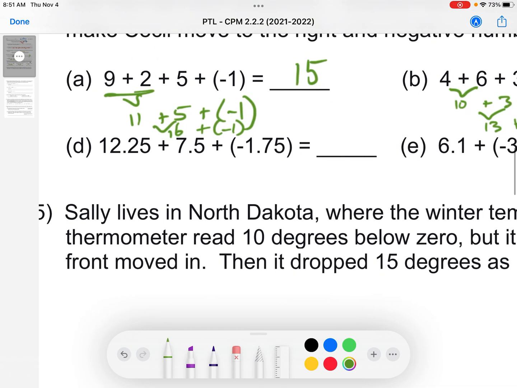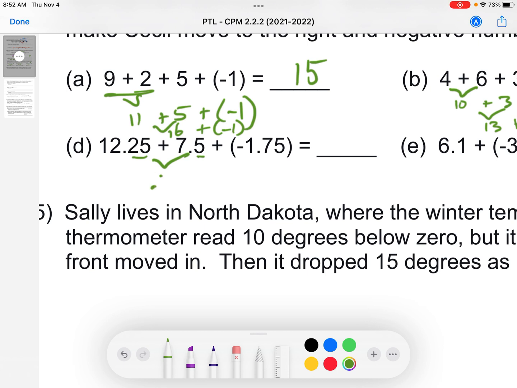12.25 plus 7.5 plus -1.75. All right, now we start utilizing just regular, our kind of addition, subtraction methods, right? 12.25 plus 7.5. So I'm starting at 12 1/4. I'm going to move 7 1/2 to the right, right? So 1/4 plus 1/2 is going to be not 0.75.